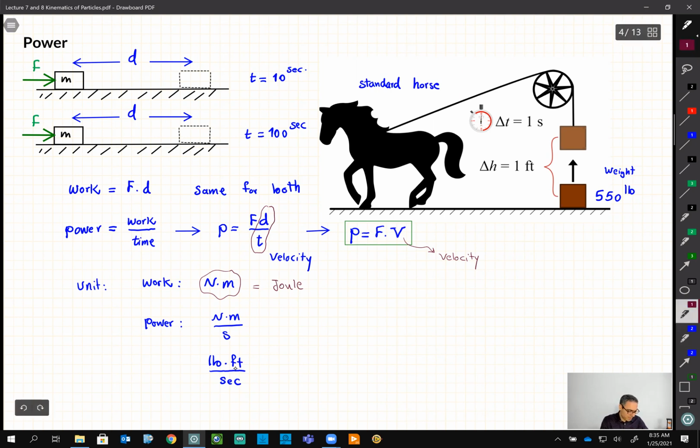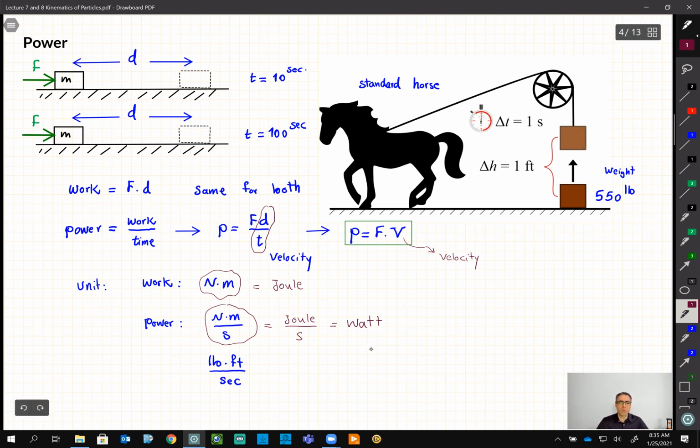And people went one step further, and they call this Newton meter per second, which is equal to joule divided by second, a watt, in respect of James Watt, who invented the steam engine.